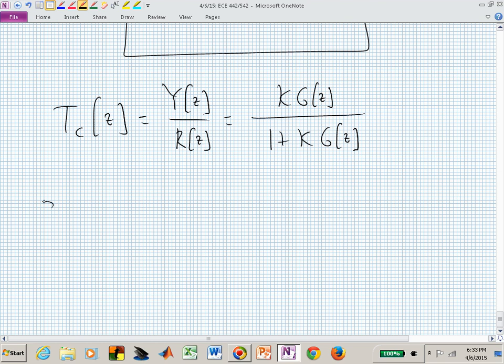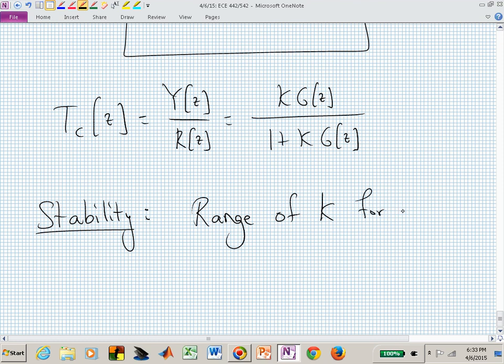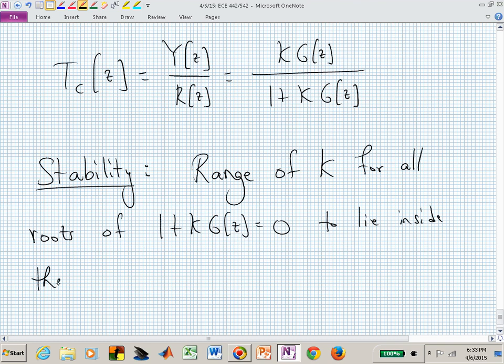We want to know, for stability, what is the range of k for all roots of 1 plus k g of z equal to 0 to lie inside the unit circle.